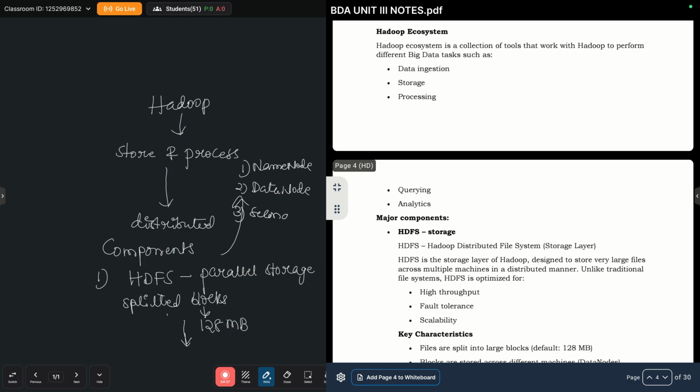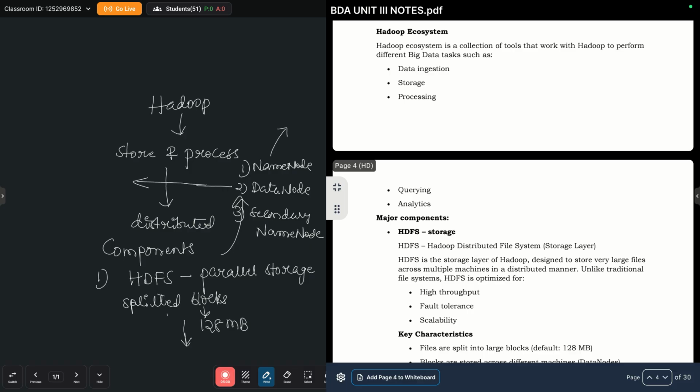These are the different nodes in the HDFS architecture. We already know the name node maintains all the metadata. And coming to the data node, what is the data node?